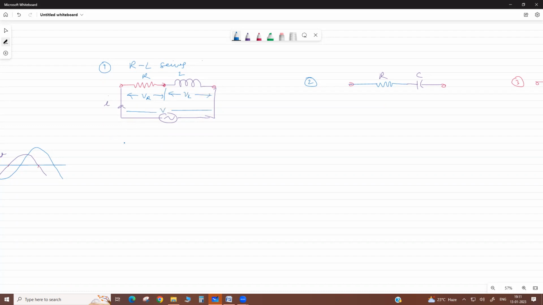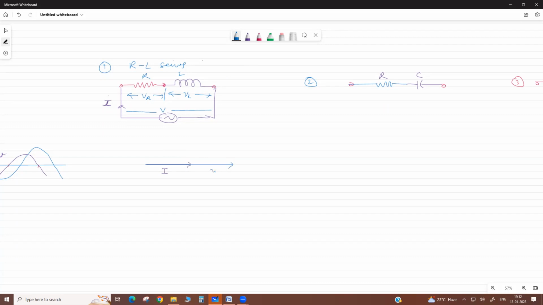Now if we draw the vector sum, because the current is the same through all elements, RMS value, see, this is your current, suppose. Then the voltage drop due to this current is in phase with the current only.